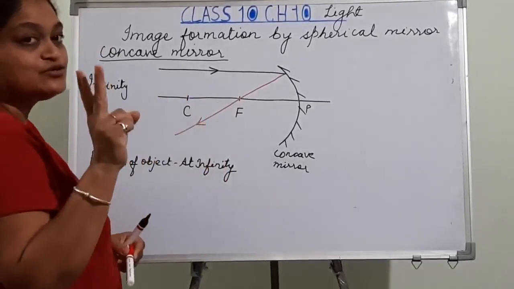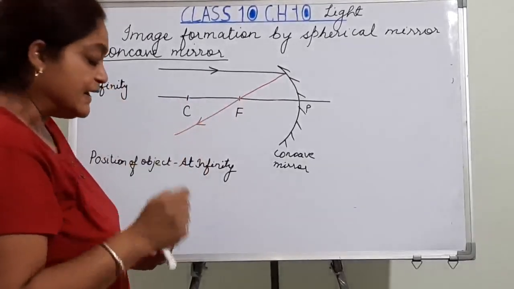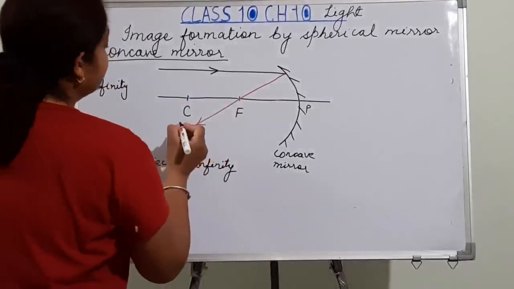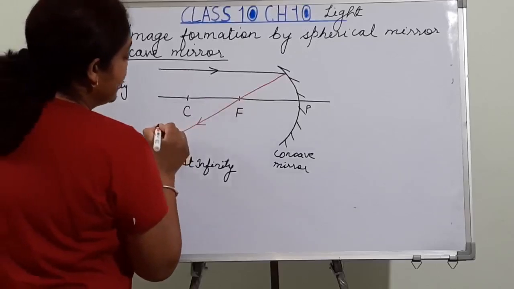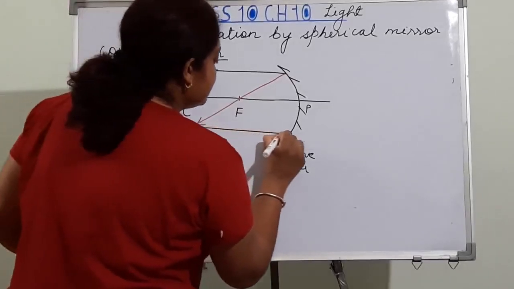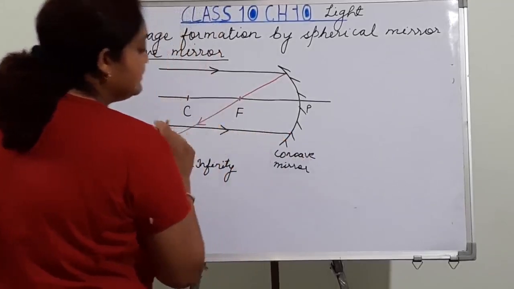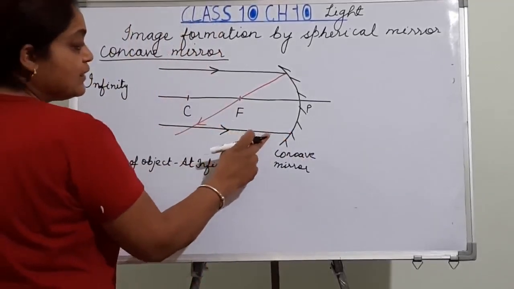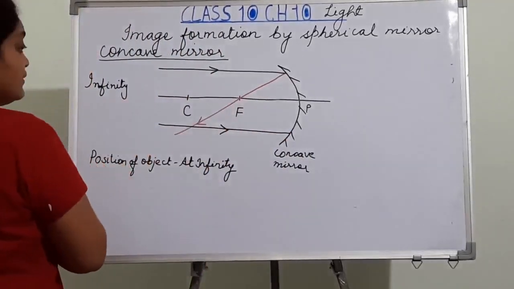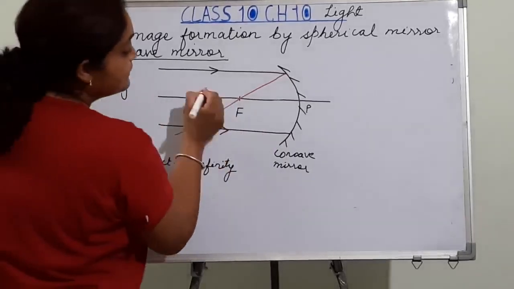We have to take 2 rays to draw one ray diagram. So second ray, I am taking it below this principal axis. This is second incident ray. Now for this ray we will draw the reflected ray.